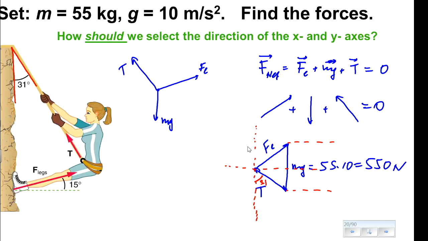This part is not related to physics or even jazz. Now 15. This angle is 15 degrees.